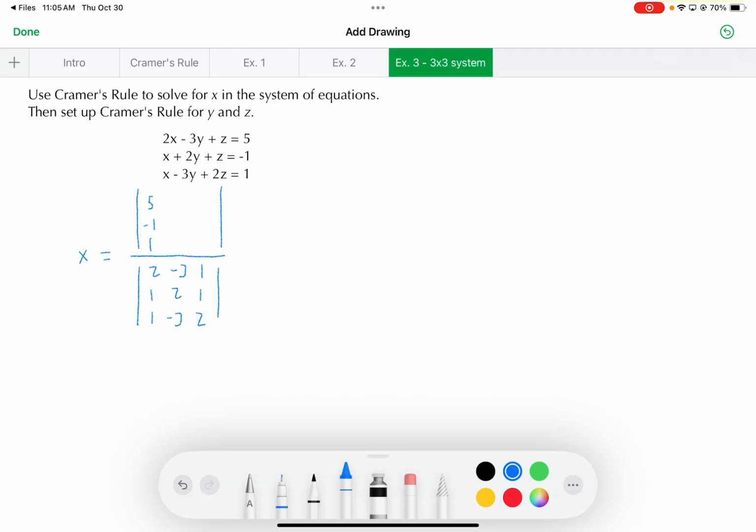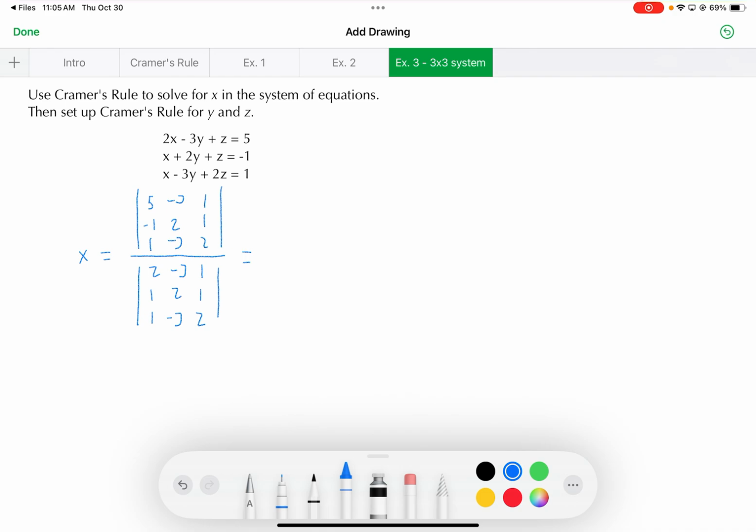Second and third columns, though, should be the coefficients of y and z. All right, so you have two third-order determinants to evaluate here. You can do diagonals or expansion by minors. My strong suggestion would be expansion by minors. Diagonals, I find the work just kind of gets lost all over the paper, okay?